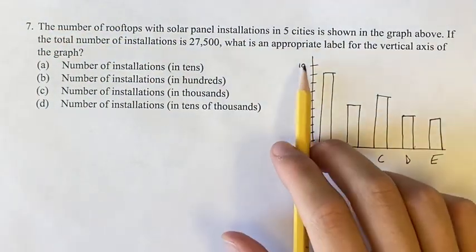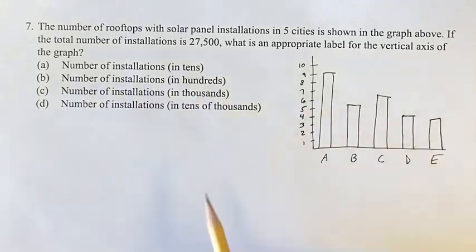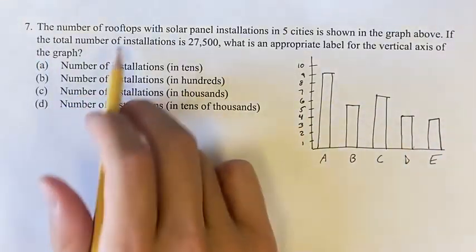If we just thought this was 1, right, number of installations, this is 1, this is 2, this is 3, and so on, what would we guess is the total number of installations?